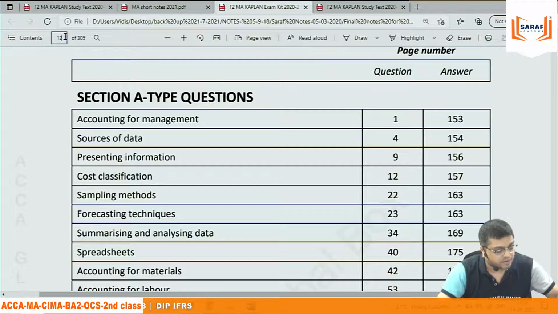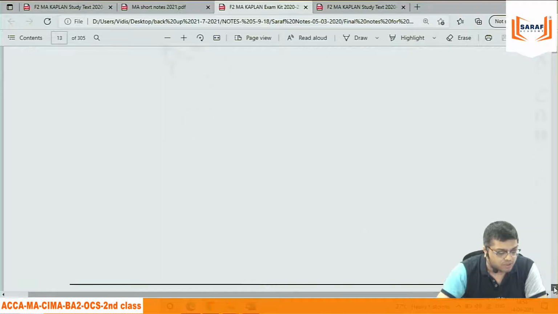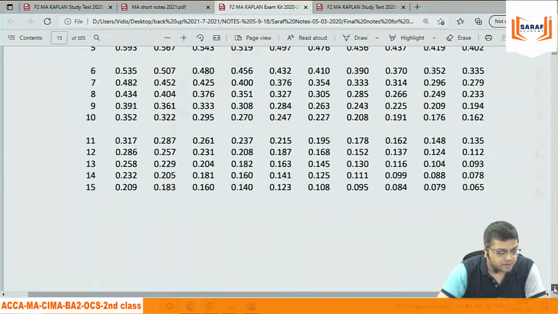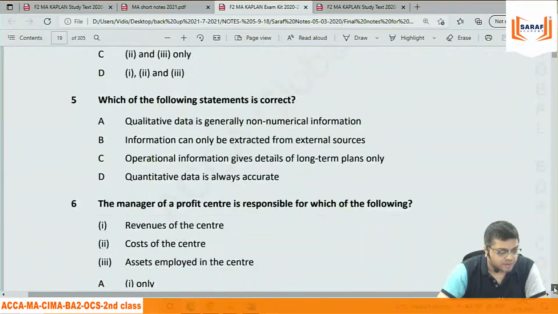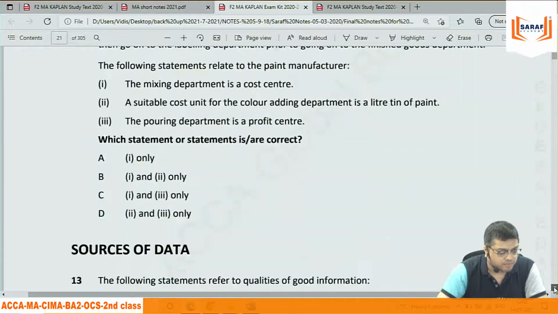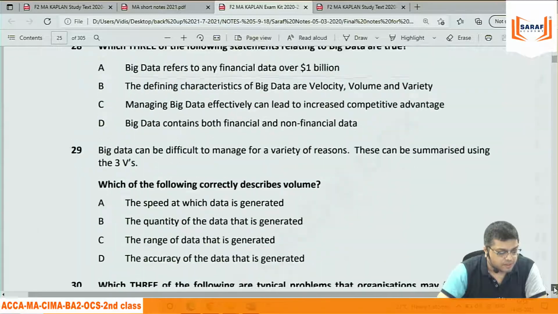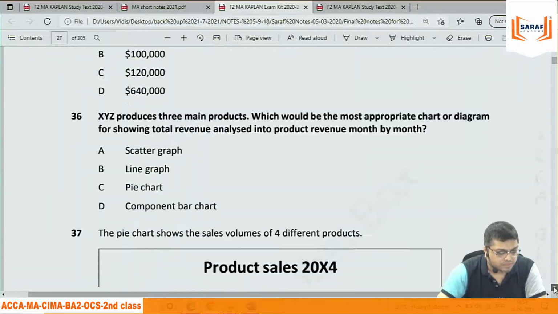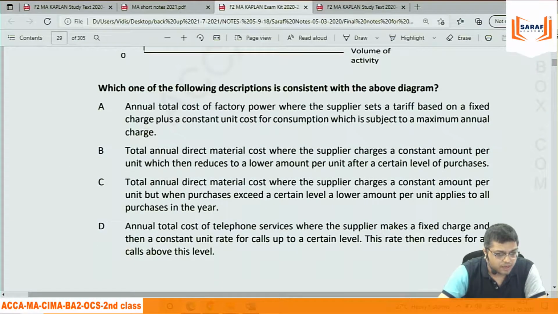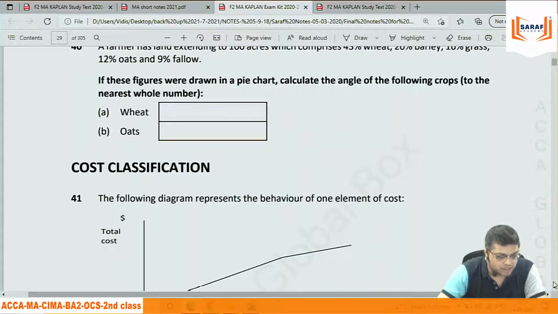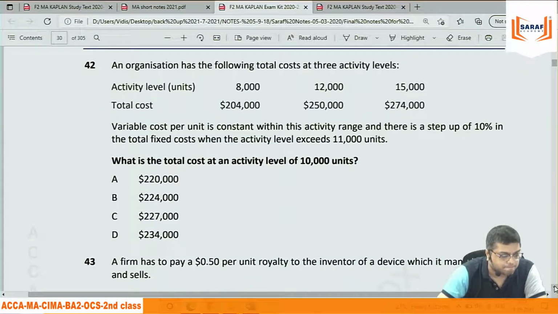So for 12, the question is on page number 12, cost classification. From question number 41, the questions are there in the exam kit.